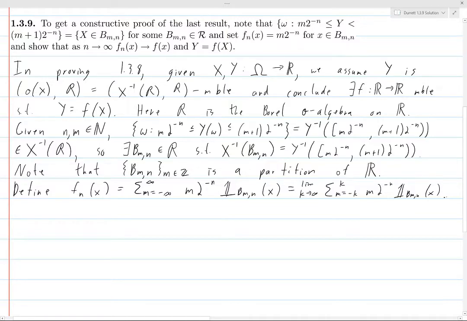Now this limit shows that F_n is a pointwise limit of simple functions.